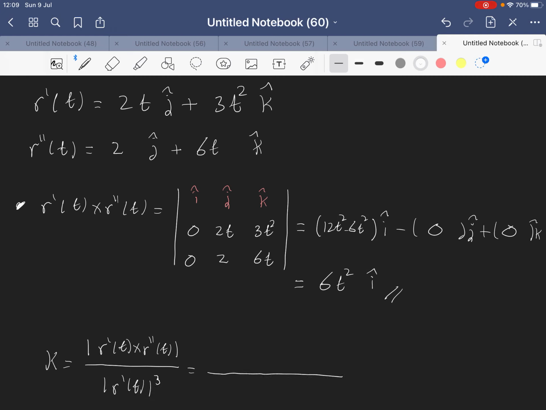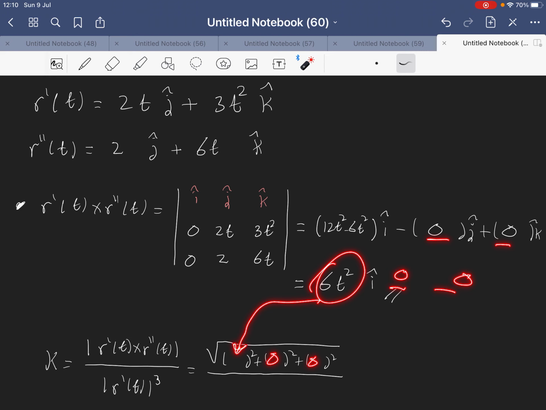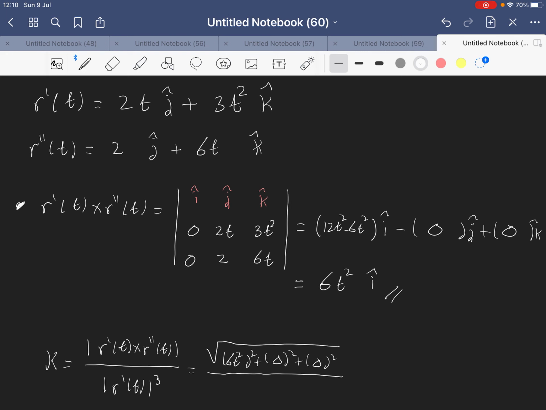Now the formula for the magnitude, let me remind you, is each component squared inside the square root. Since we don't have j and k, the components are 0, so I'll fill those with 0. And whatever is in front of i I'll fill in here. So I get 6t squared, 0, and 0.